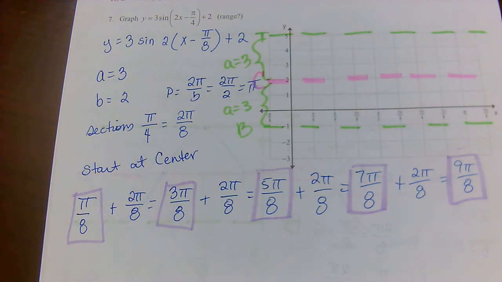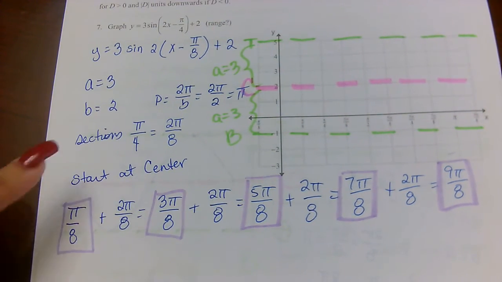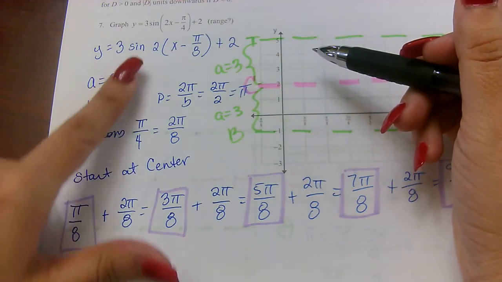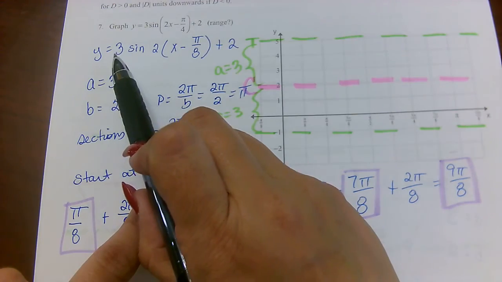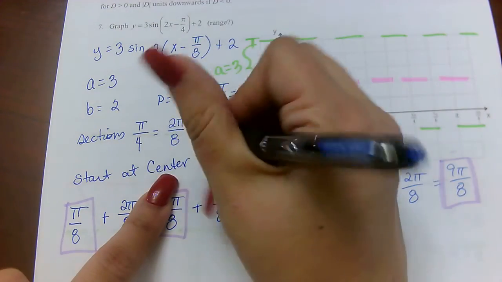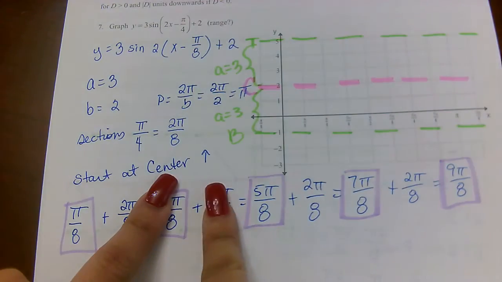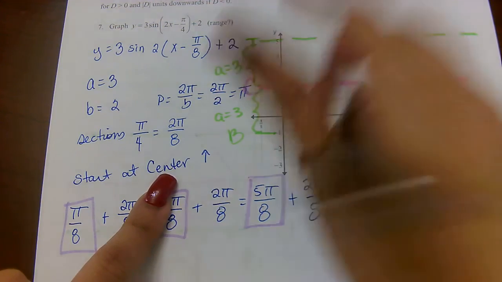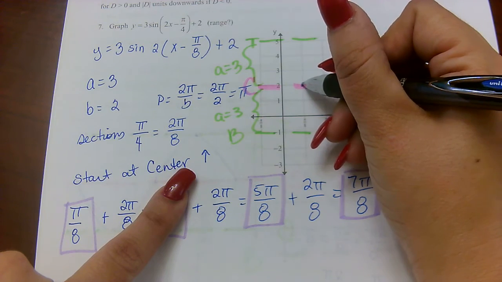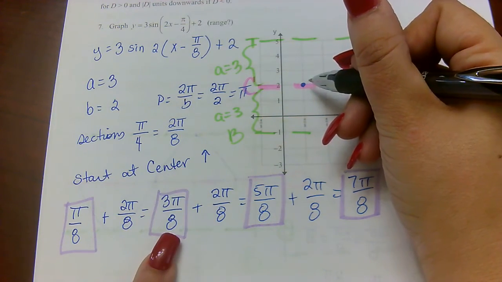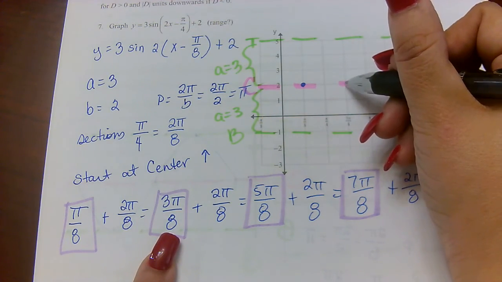Our points are still going to be the same, and we're still going to be starting at the center, and we are going to be going up because 3 does not have a negative in front of it, so that means we start at the center and then we go up. So we're going to start at pi over 8, in the center right here. Then we're going to go to 3 pi over 8, and then we're going to go up.